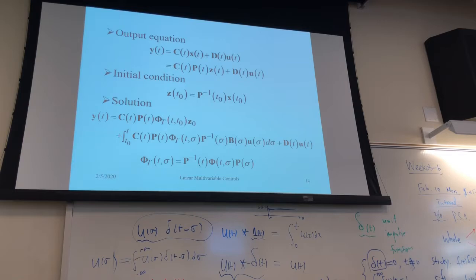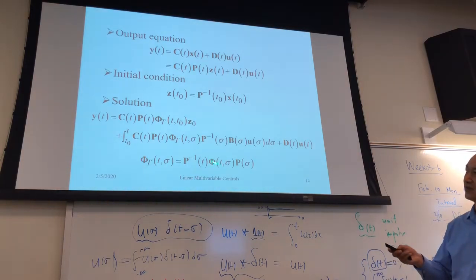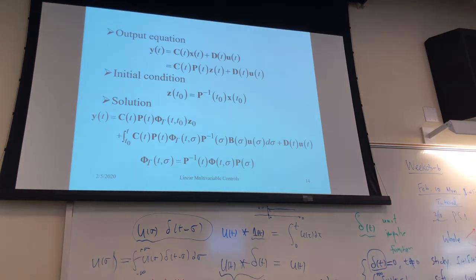Remember, x equals Pz is my transformation, initial condition, the final solution. After the transformation, the new state transition matrix and the original state transition matrix have a relationship with P inverse. But remember, this is sigma, not t, so be careful.